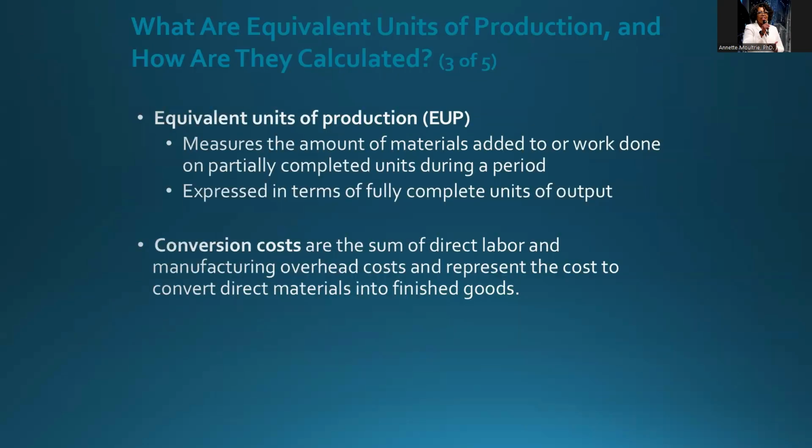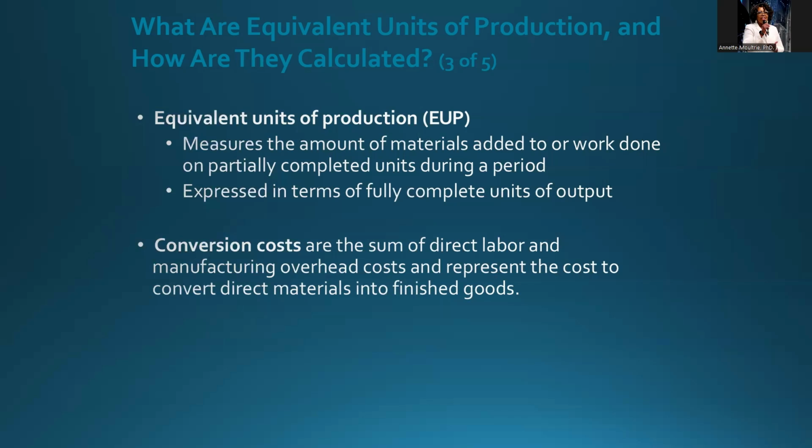So what is equivalent units of production, or EUP? EUP represents the amount of materials used or the work completed on partially finished units during a given period.